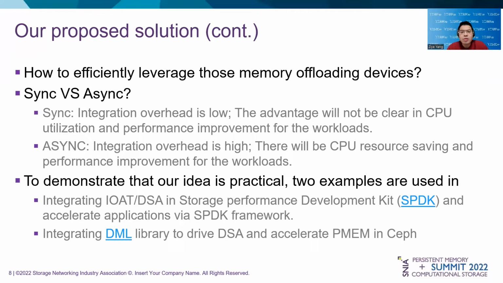The users do not need to change the code very much, but the advantage will not be clear in CPU resource utilization, and the performance improvement for the workloads while utilizing the hardware-based memory offloading devices is not clear. So we need to use the async method if the workloads we want to integrate use the async threading mode.